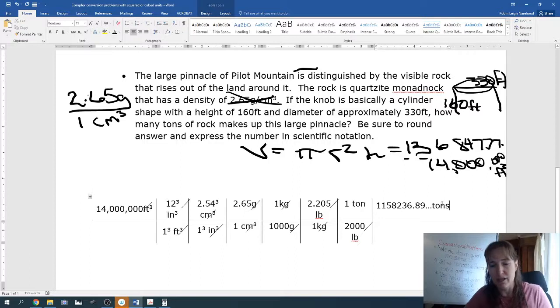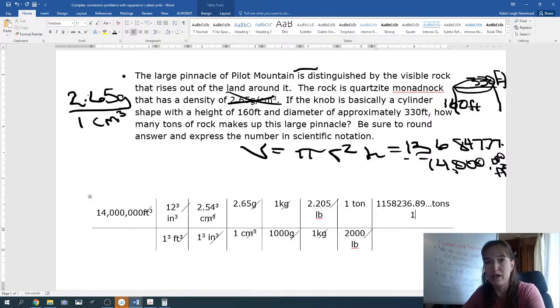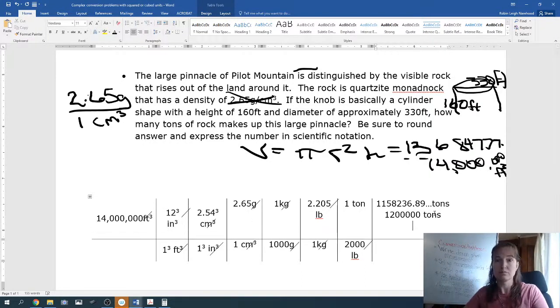We do the first 2 digits, so I'm going to round it to 1 and then a 2, and then for all of the numbers that go before the decimal I need a placeholder 0, so where this one is a 0, and where the 8 was is a 0, and the 2 is a 0, and the 3 is a 0, and the 6 is a 0, and then tons. This still should mean 1.2 million. You can write it with all the placeholder zeros, or you can put it in scientific notation.